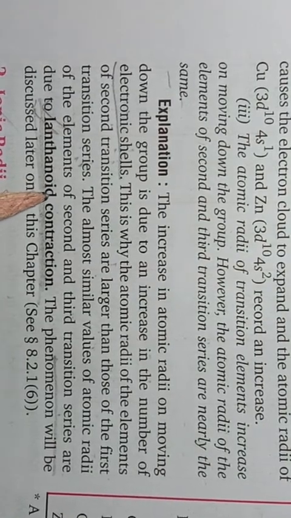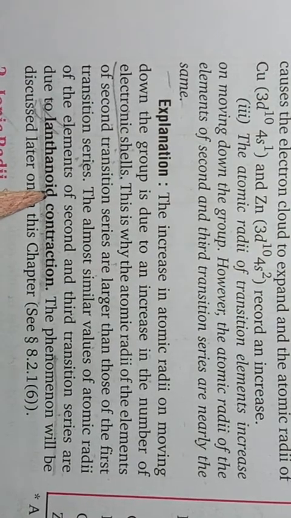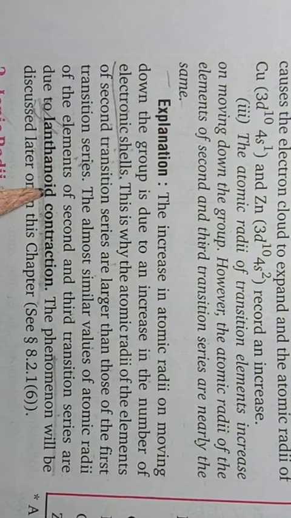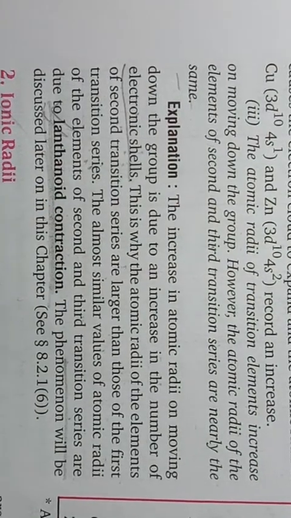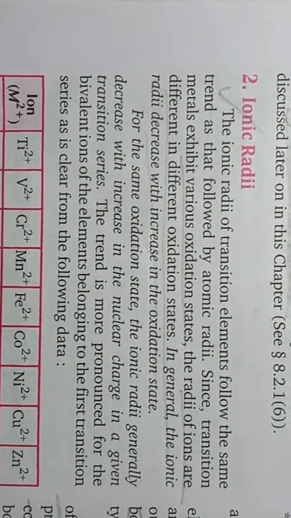The decrease in radius due to the presence of 4f orbitals is known as Lanthanide contraction.